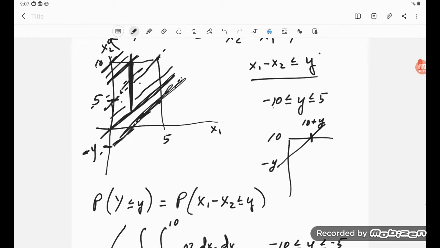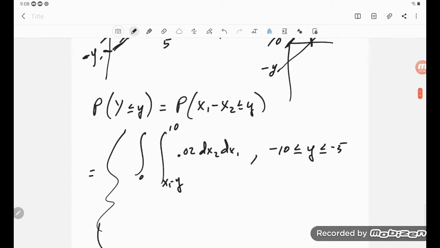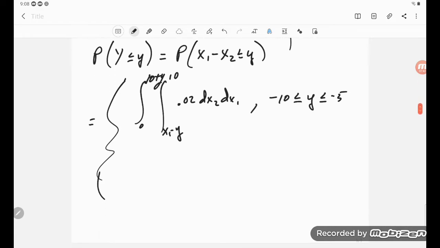If y is -10, we would be back here at x equals 0. And as y increases up to -5, we would finally make our way out to that corner. So that's 10 plus y. So sorry about that.